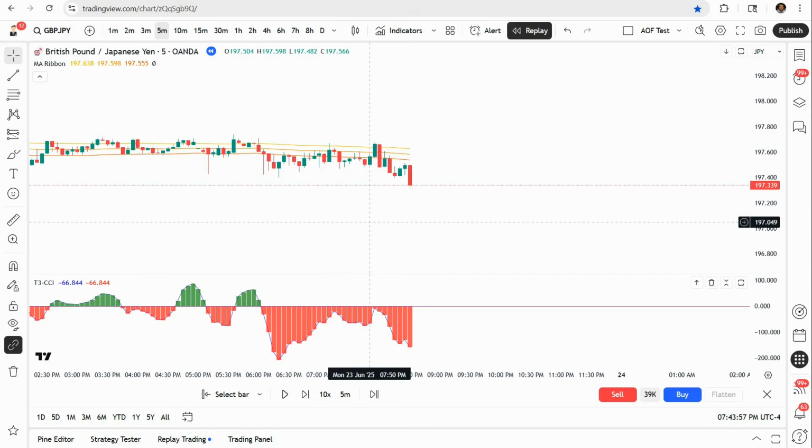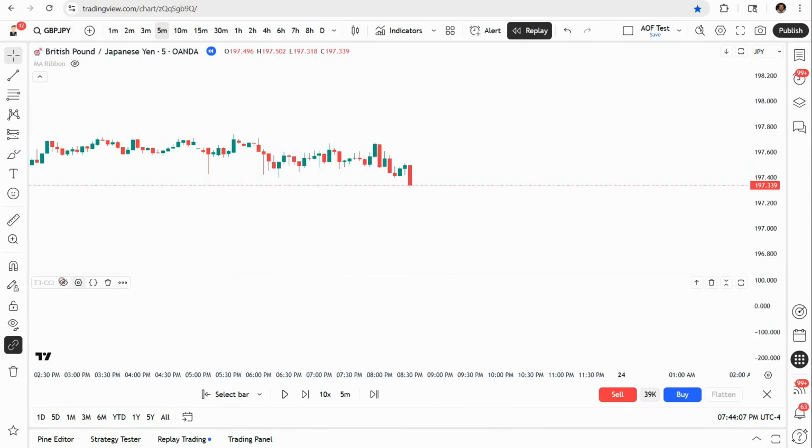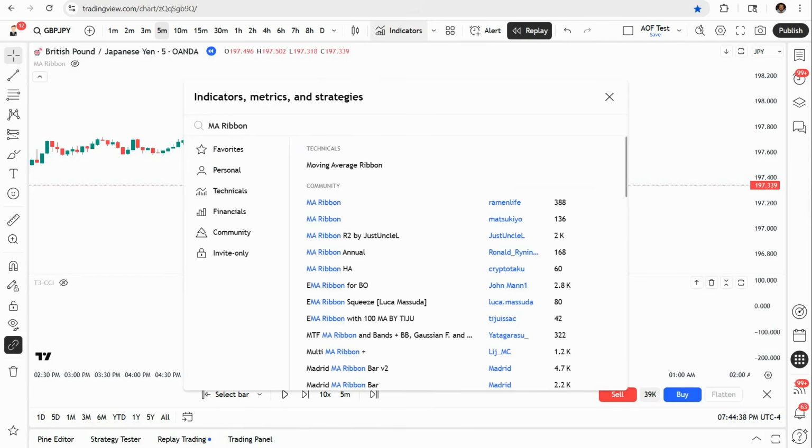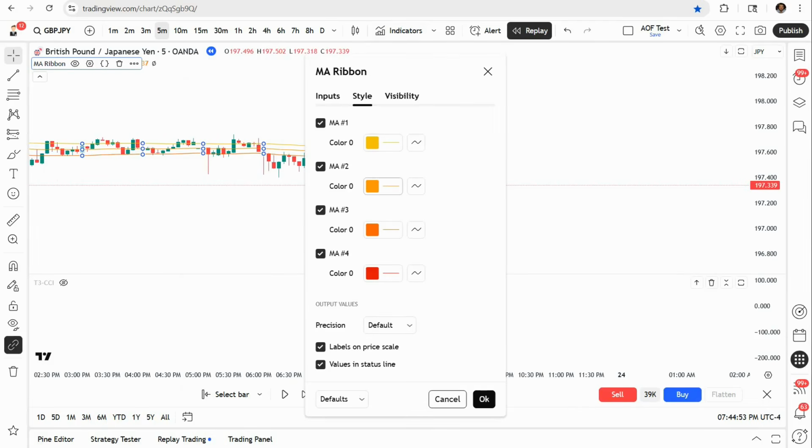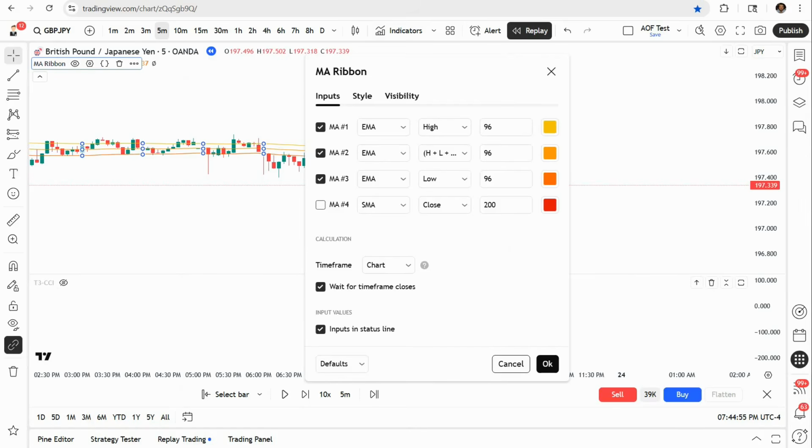Alright, so the strategy that we'll be testing today, we'll go ahead and hide the two indicators we have on screen. The first indicator we will add to the screen is going to be the moving average ribbon. It's going to be this one right here. It is a TradingView built-in indicator, and so you'll just click this one right here under the technicals. And what we'll do is we'll jump into the settings, and I'll run through this really super fast.